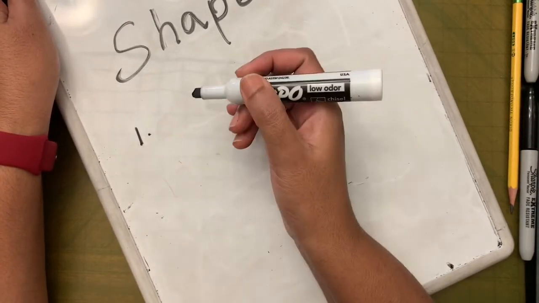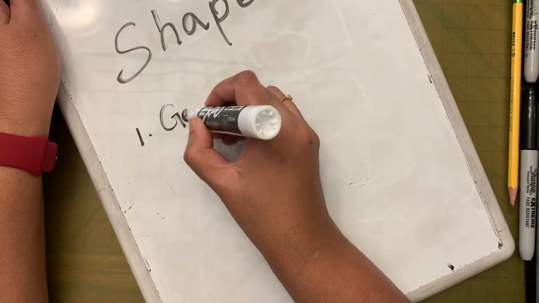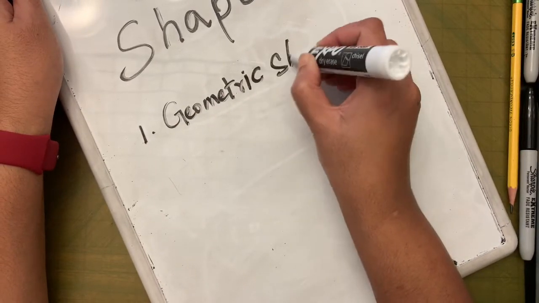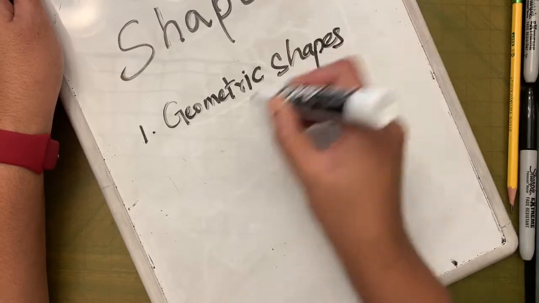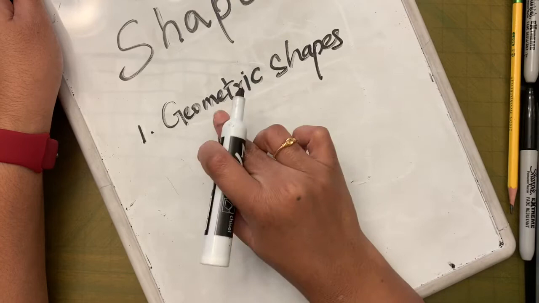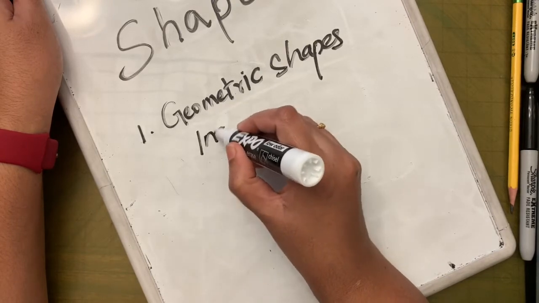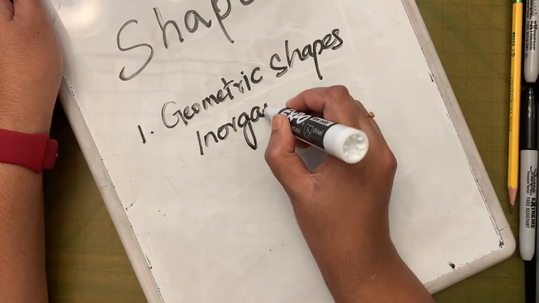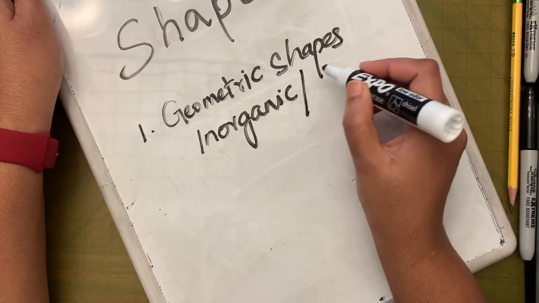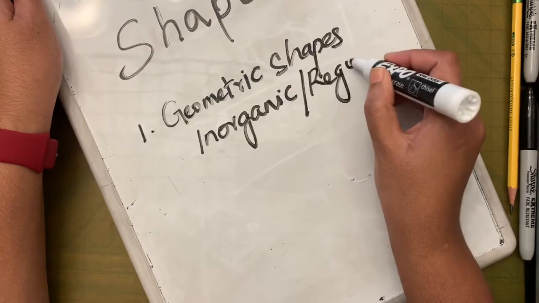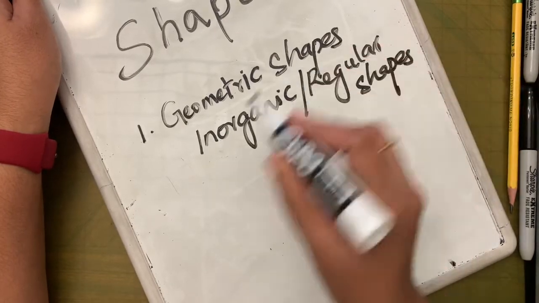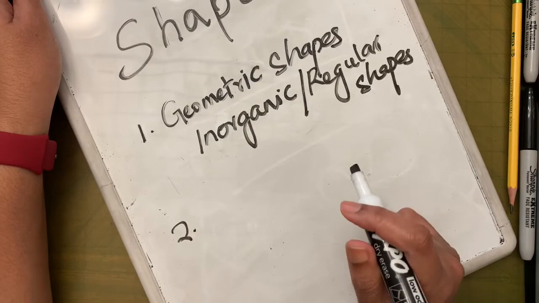One is geometric shape, or you can call it regular shape or inorganic shape. So these are the three names it goes by.